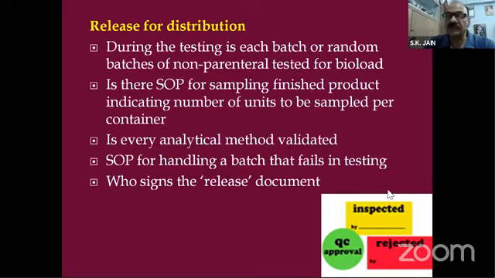So if the material is approved by quality control, then it will come to the approved area and it will be released from the premises. And if it is rejected, then we put a label rejected, then the necessary decision will be taken on the rejected finished product.